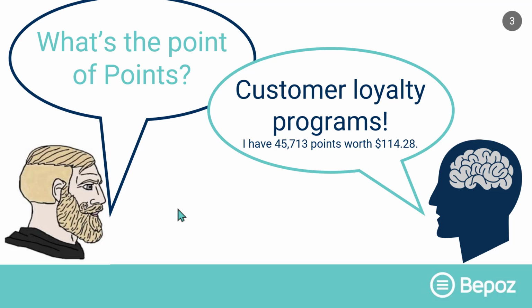So points' intended use in BPOS is as part of a customer loyalty program where account holders can earn points through purchases, and a couple different ways that we'll see later. But by and large, the points can be earned through purchases, and then they can be redeemed for products. They can also be redeemed for cash, but we'll get into that later as well. The main purpose is to earn through purchases, redeem for products.